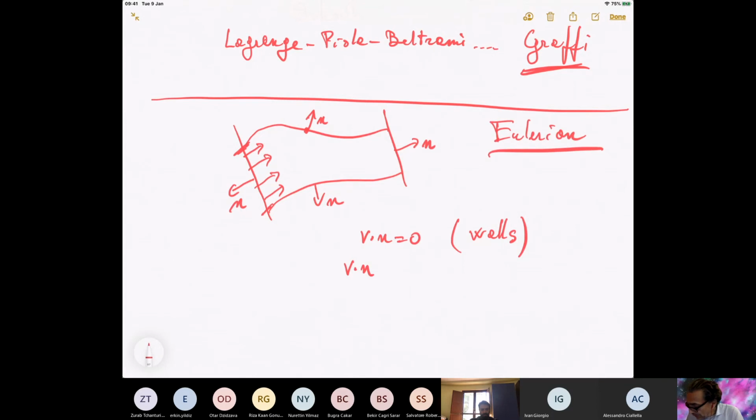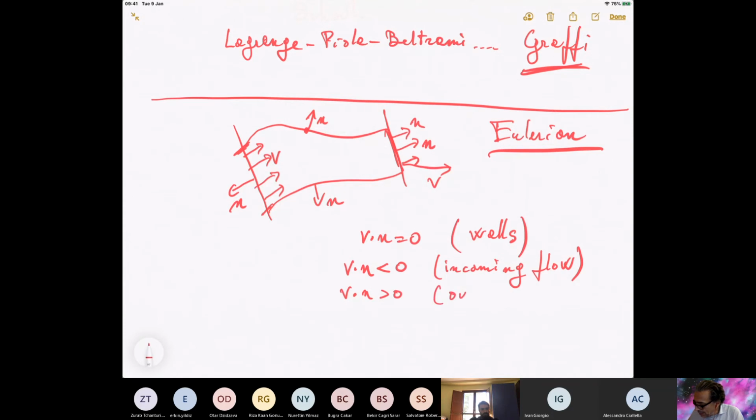Okay, so let us consider the part of the boundary where V dot n is negative. So if this is the velocity on the boundary, we have the incoming flow. Okay, and then you have here, for instance, the outcoming flow. V dot n is positive, so you have outcoming flow.